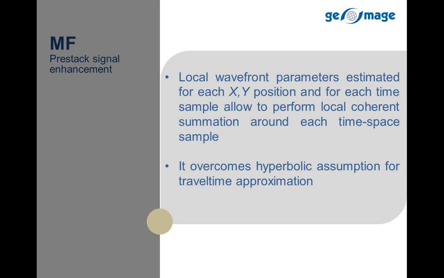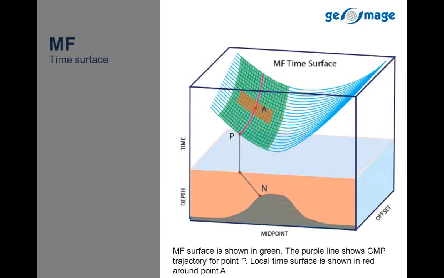In this way, we can overcome the hyperbolic approximation for travel time approximation, and it's shown here. If we estimate the wavefront parameters around point A for a particular offset, we don't estimate the green surface, we approximate only the brown surface, a local approximation.